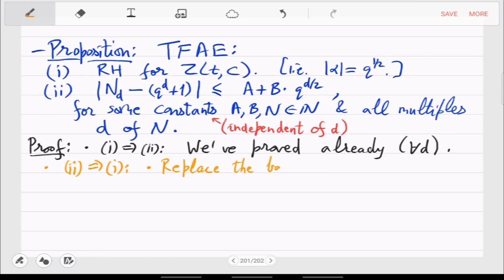So replace the base field by q to the n. This big N which is a constant, and now let us only look at extensions of this q raised to n. So from this q raised to n we go to q raised to d because d is a multiple of n.